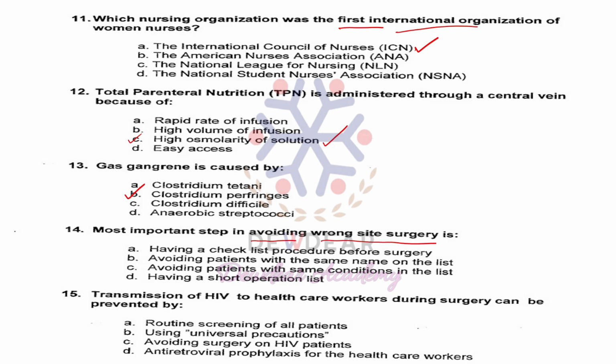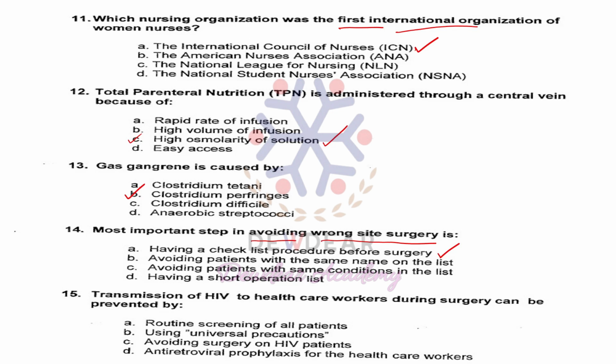So here the correct answer is having a checklist procedure before surgery. By keeping a checklist and checking it with that checklist, that is most important in order to avoid the wrong site surgery. Okay, so having a checklist procedure before surgery is the most important step.